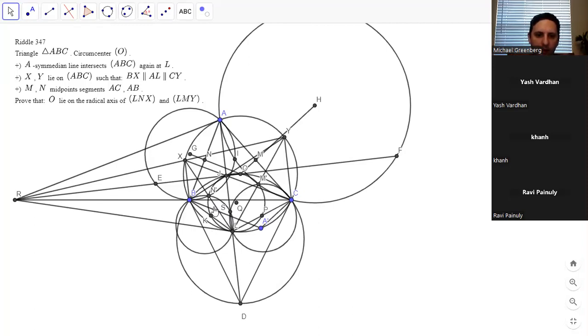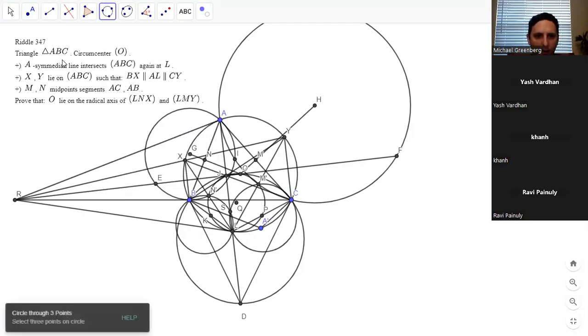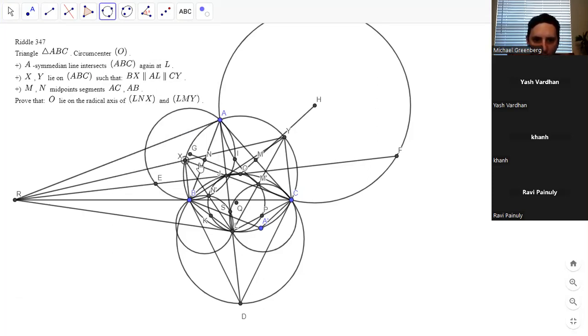If we reflect everything over this perpendicular bisector, then we get XNA and YMA. And it's equivalent to showing that the median would go through all these.